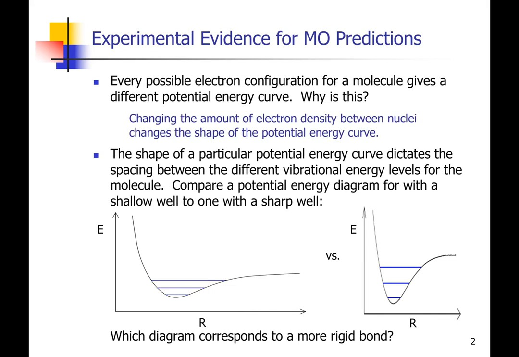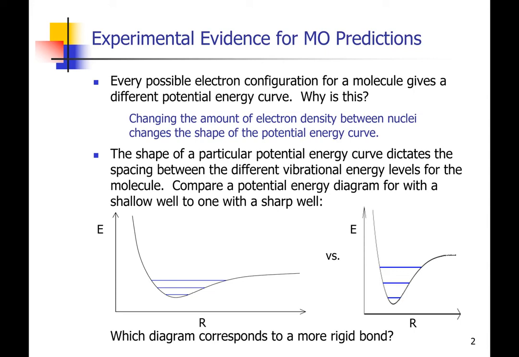If you were to excite an electron from a bonding molecular orbital up into an antibonding molecular orbital, you would lower the bond order. And that would lengthen the bond, weaken the bond, change the shape of that potential energy curve. So what you're seeing in the diagrams below are two potential energy curves.